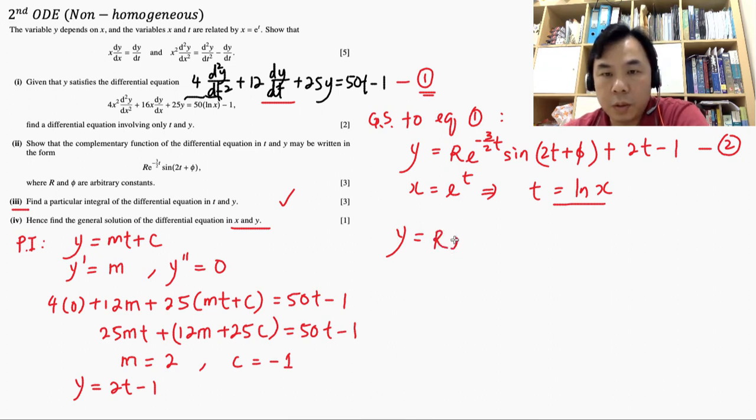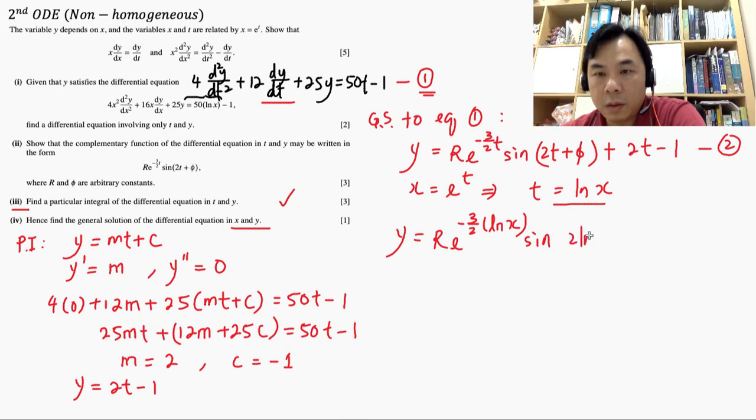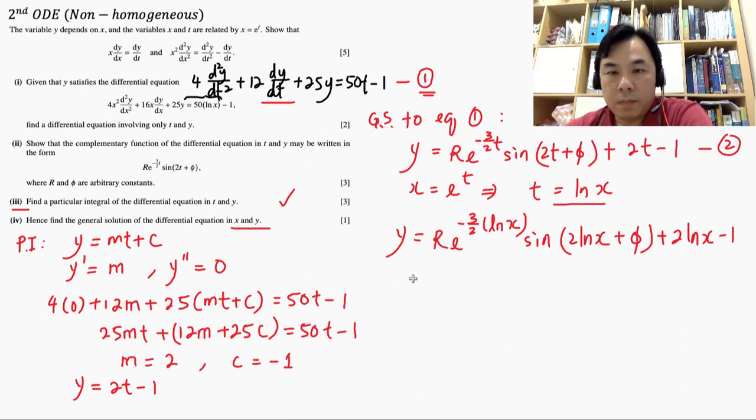So there should be r e to the negative 3 over 2 ln x, sine 2 ln x plus phi, and then plus 2 ln x minus 1 there. And then there you have it.